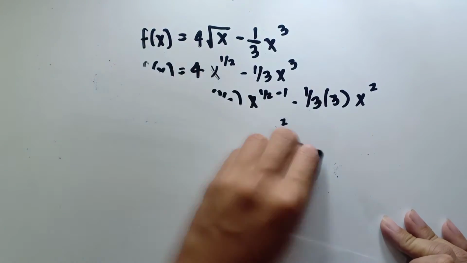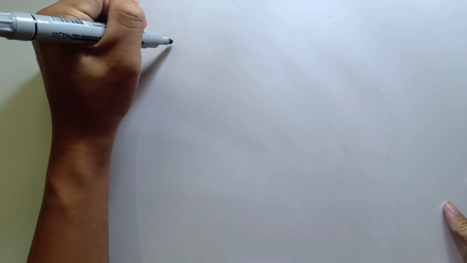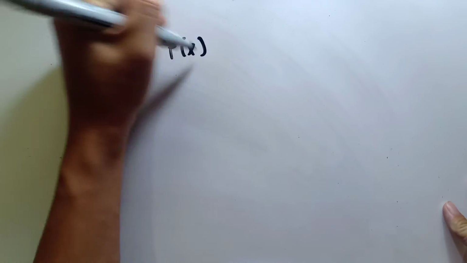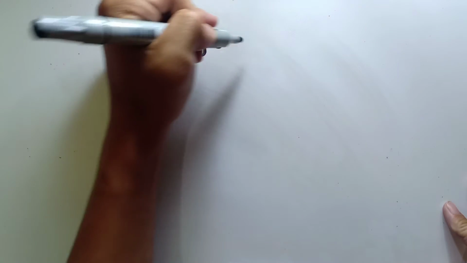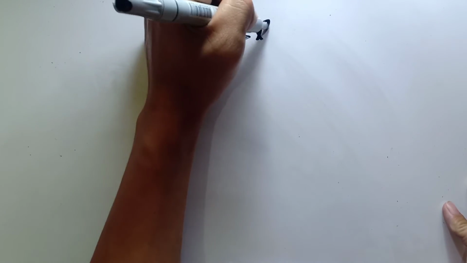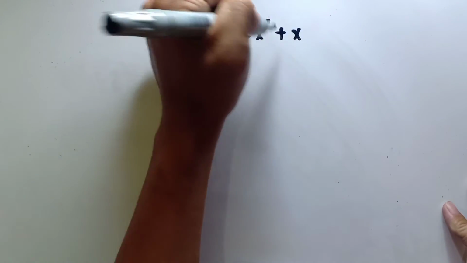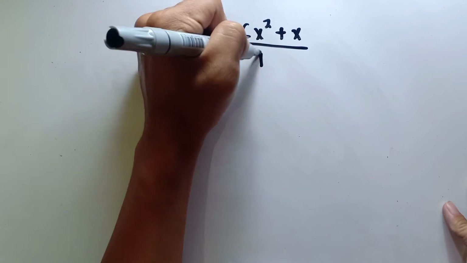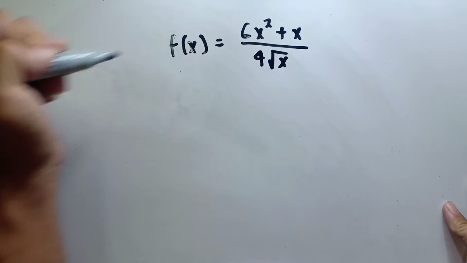So this is the hardest problem because this is the last problem. So we have f of x is equal to 6x squared plus x all over 4 square root of x.